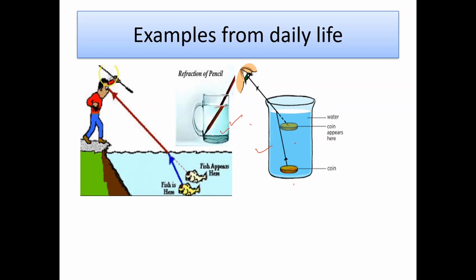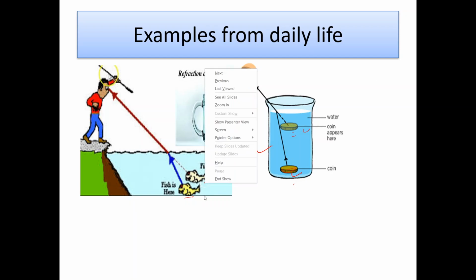You will feel that the coin has been raised. This is the apparent position of the coin, but the actual position is this one. Here also the actual position of the fish is here, the apparent position of the fish is this one.